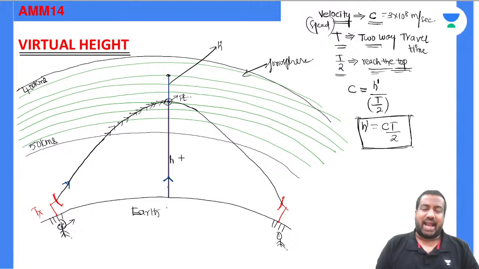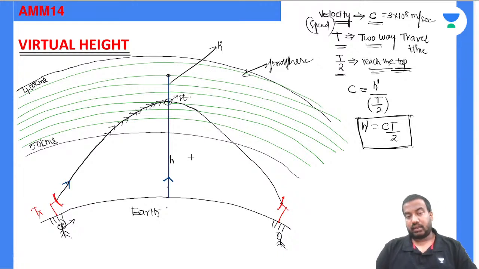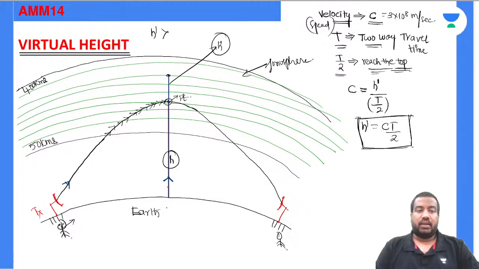Because the actual height calculation h is not possible, we will calculate the virtual height, which is h prime. And virtual height is always greater than the actual height. H prime is always greater than h.